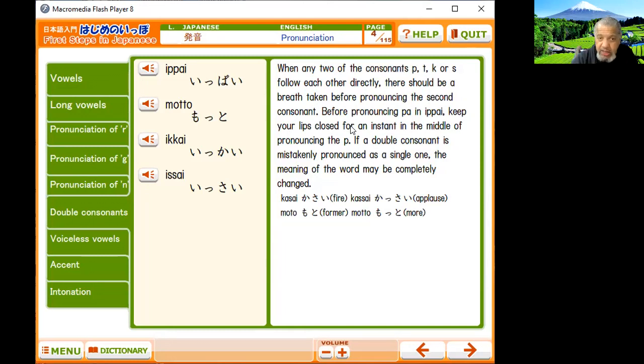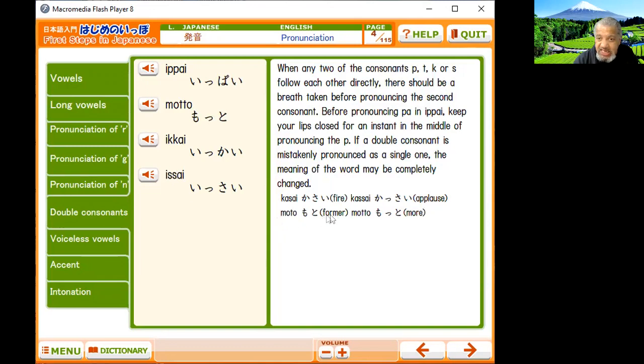Okay? Double consonant. Let's listen. Ippai. Remember that. Motto is the same thing. Motto, motto. Ikkai, isai.